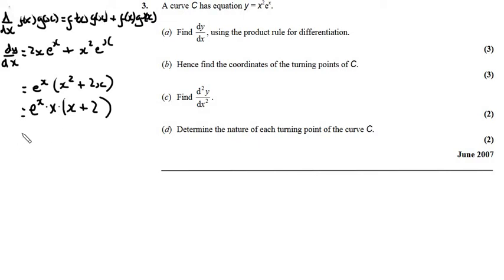Okay, B, hence find the coordinates of the turning points of the curve C. So a turning point is going to be when the derivative of the function is equal to 0.